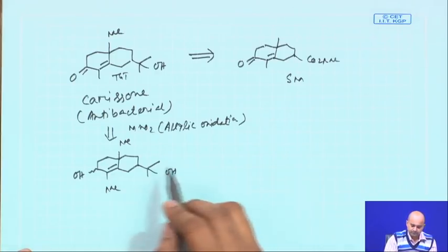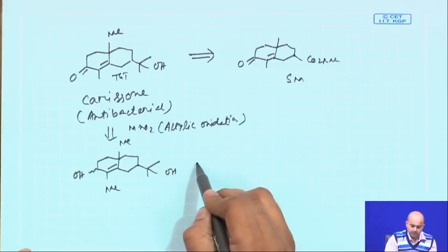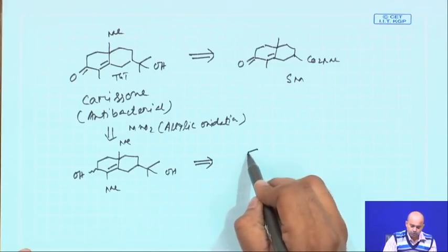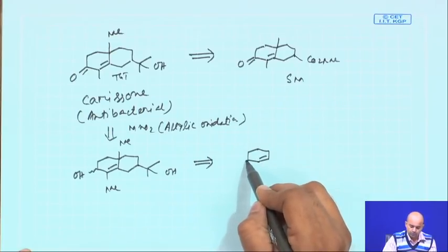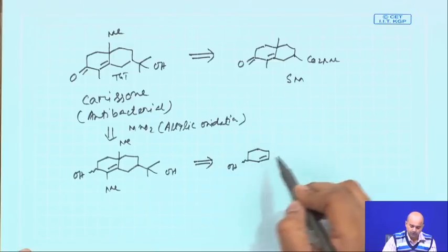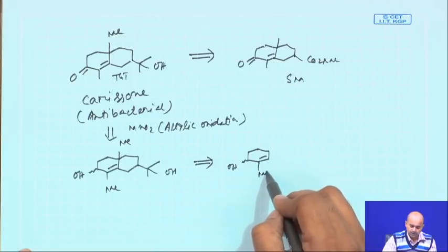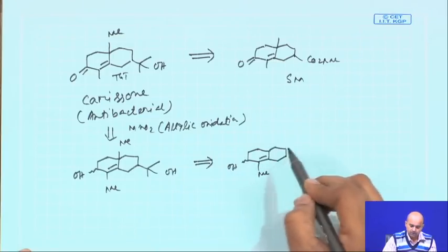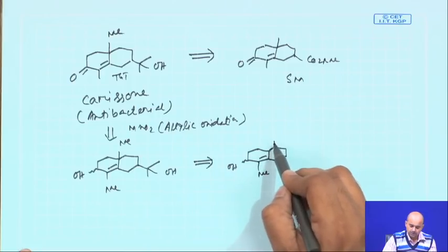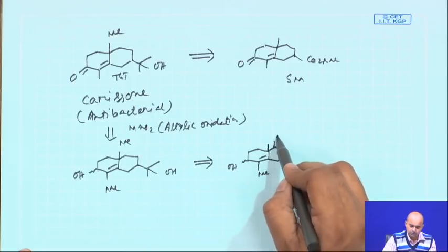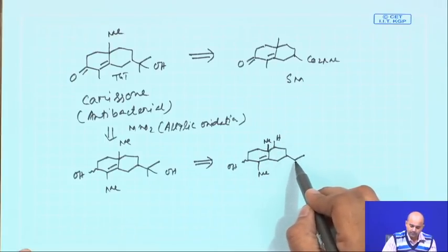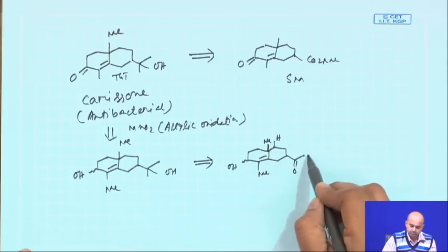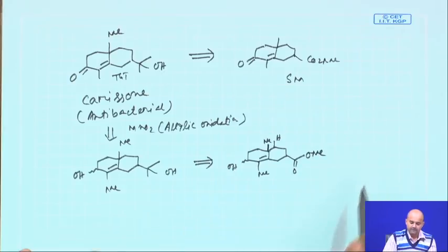Now, coming to here, this compound is pretty much close, for which you can think about a retro by putting other groups in a similar way. This is the ring junction, this will be hydrogen, this will be the methyl, and you put an ester.